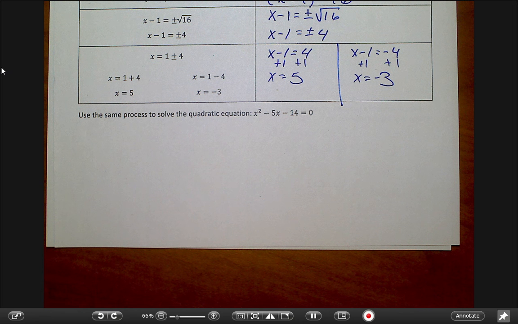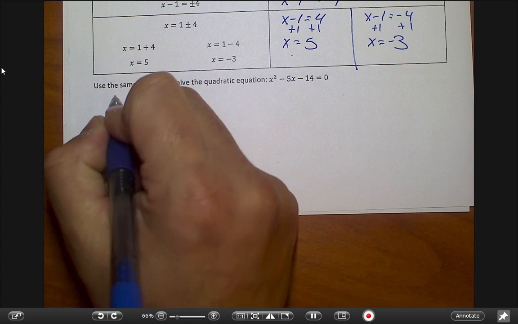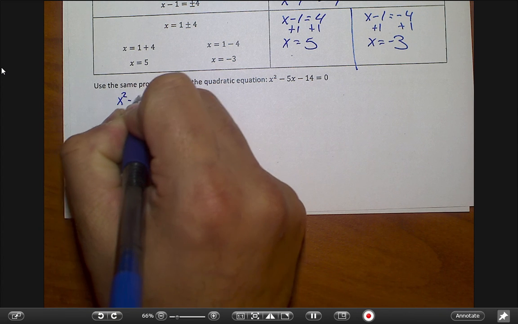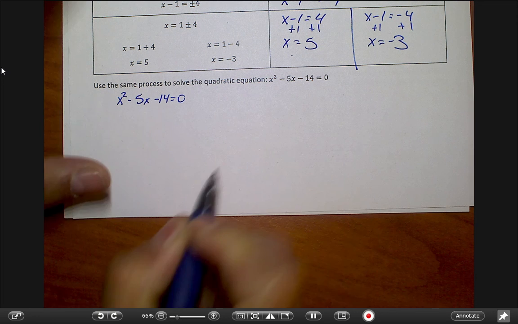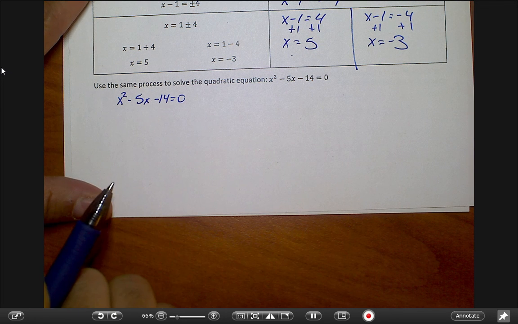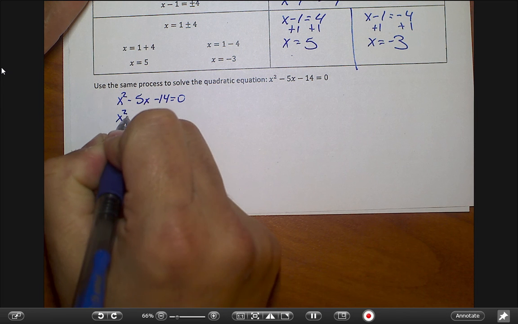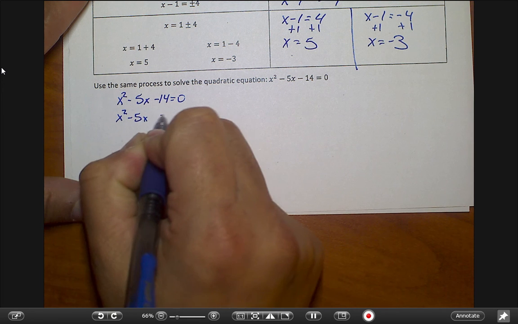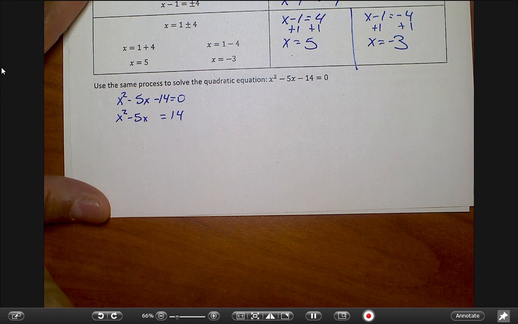Let me go over it. I think there's an error because a lot of people are struggling. I see a lot of 1s where there shouldn't be 1s. All right. I have x squared minus 5x minus 14 equals 0. Move the c to the other side, right? Add 14 to both sides. X squared minus 5x equals positive 14, right? I added 14 to both sides.